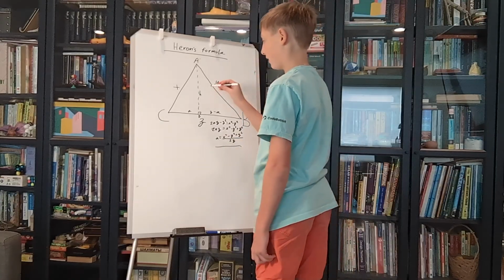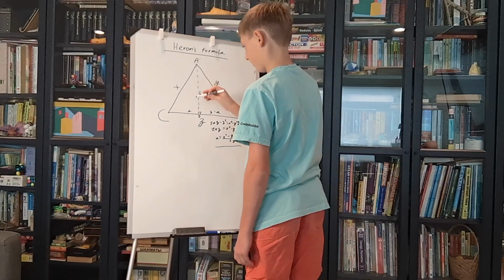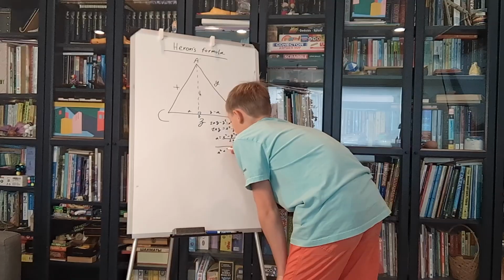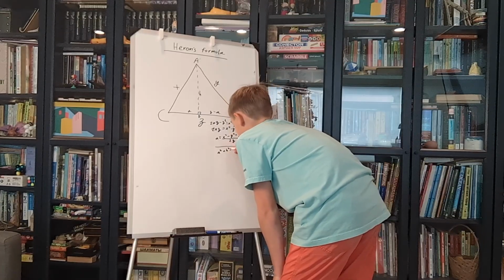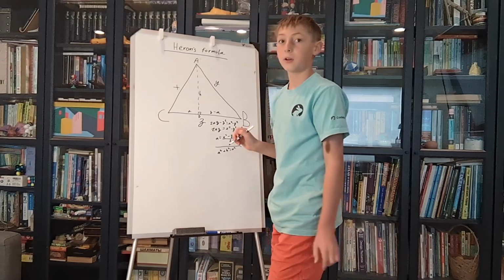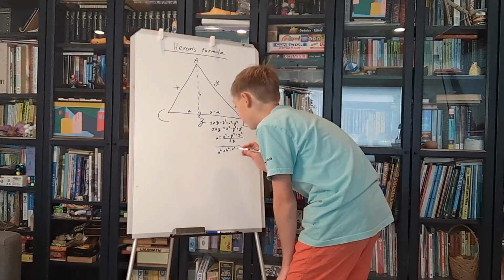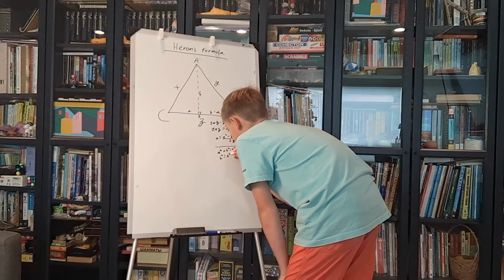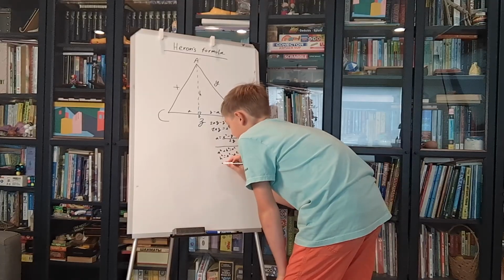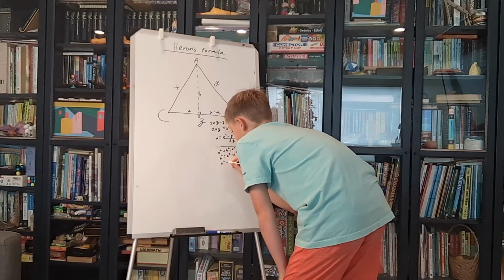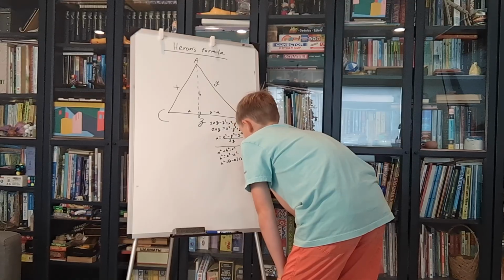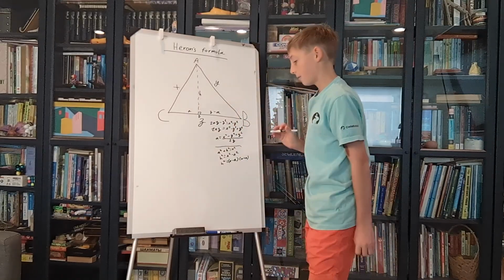We're going to want to find H squared in terms of the letters. So we have A squared plus H squared equals X squared using Pythagorean theorem. And then we have H squared equals X squared minus A squared, and then we can simplify to H squared equals X minus A times X plus A. Right?